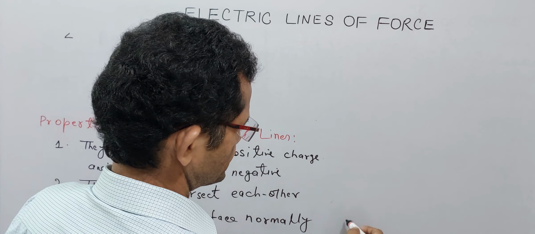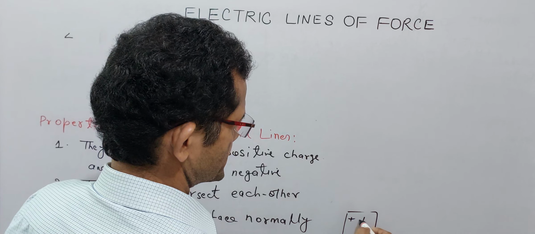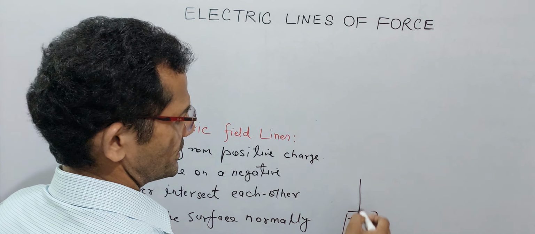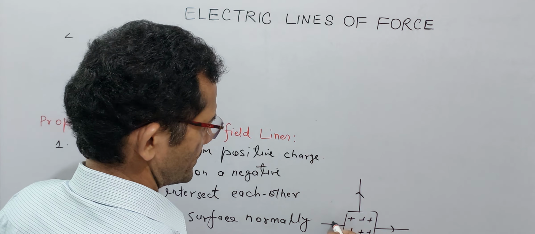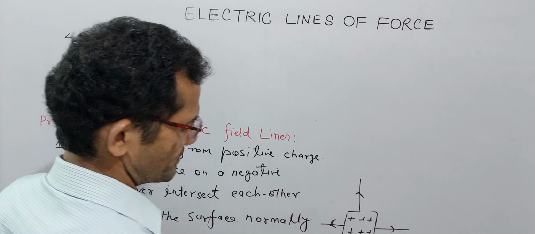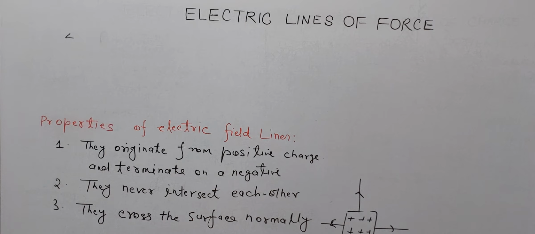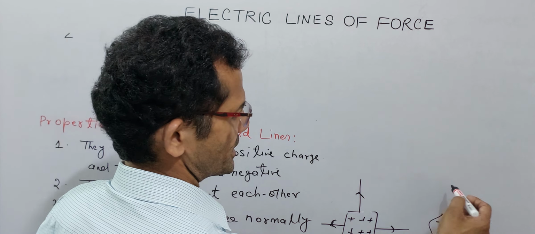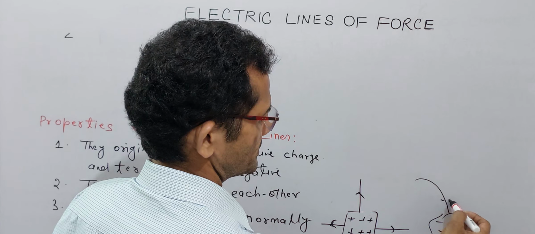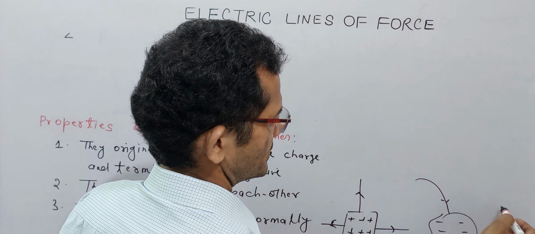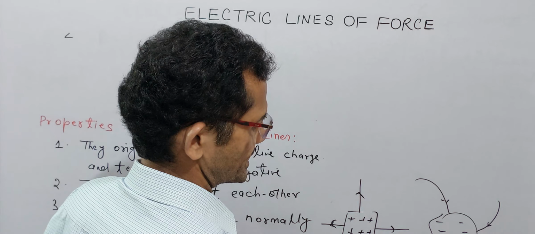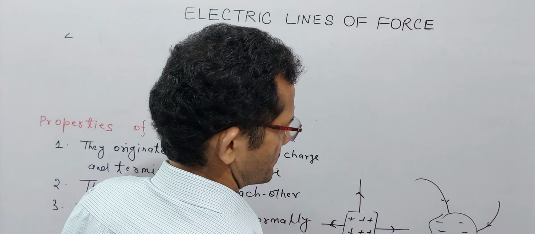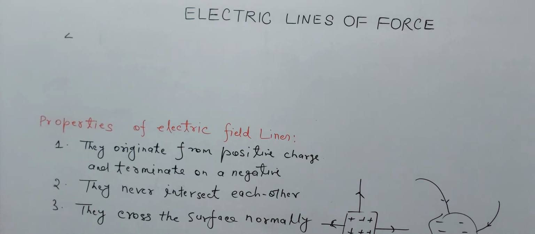Suppose this is a positive surface, the electric field lines should originate normally on the surface of the positive charge. Likewise, there is a negative surface. Suppose this is a negative surface, the electric field lines should end normally. They will end because these are negative charges. So they should normally end on this negative surface charge.